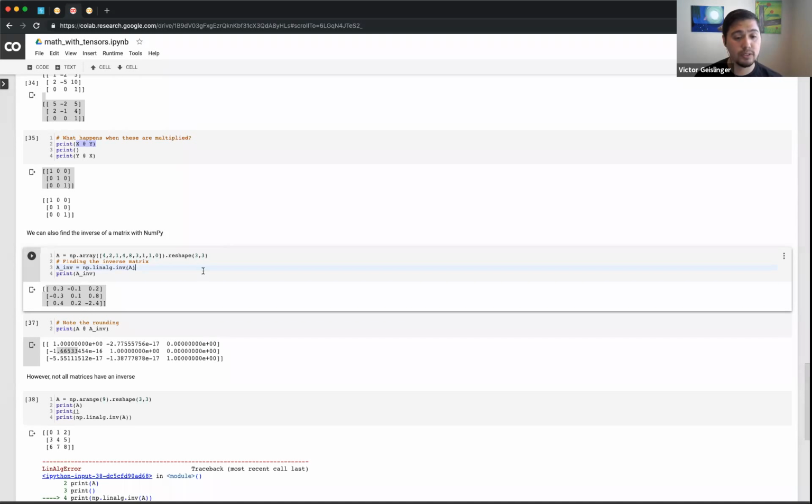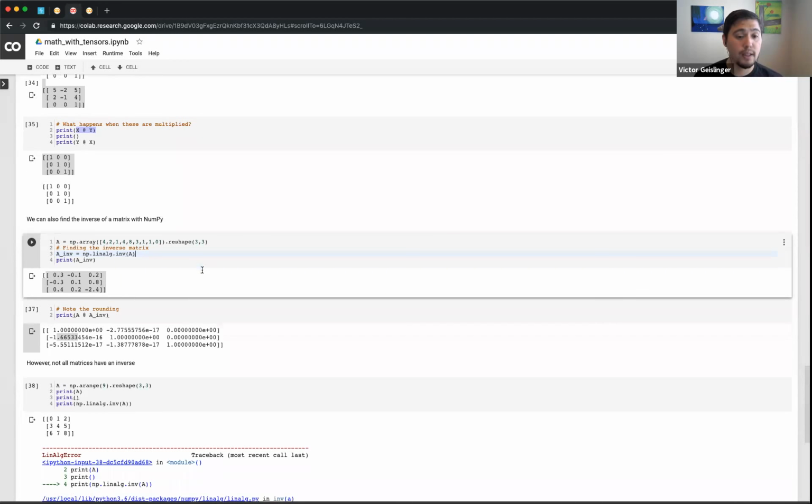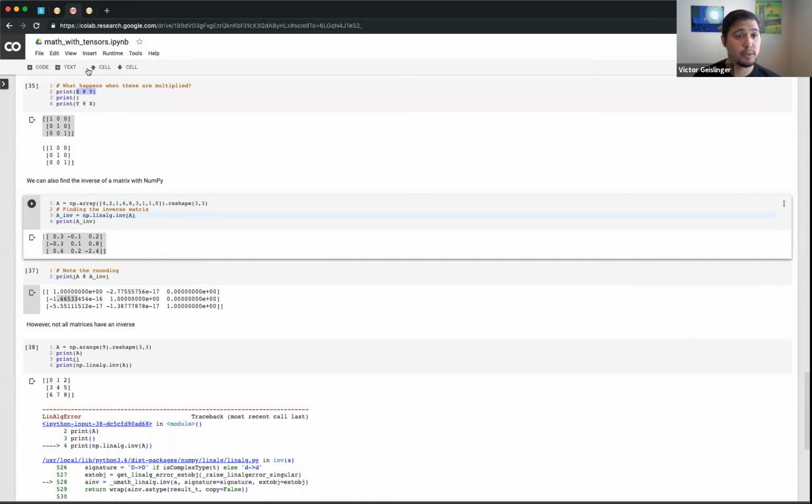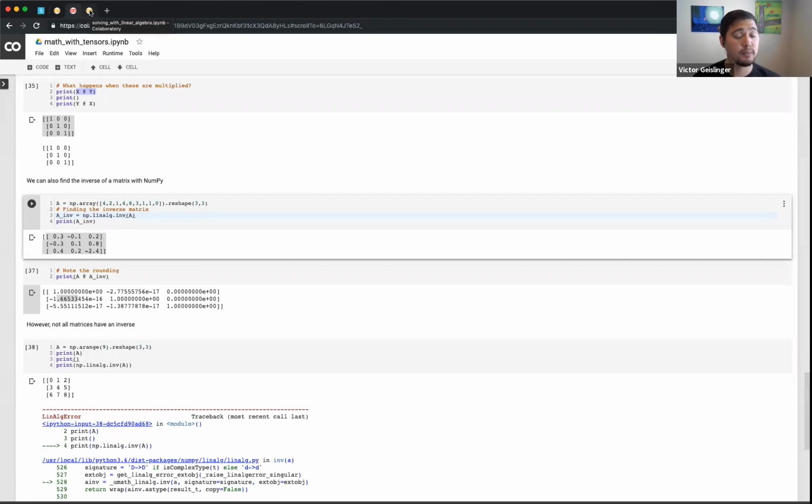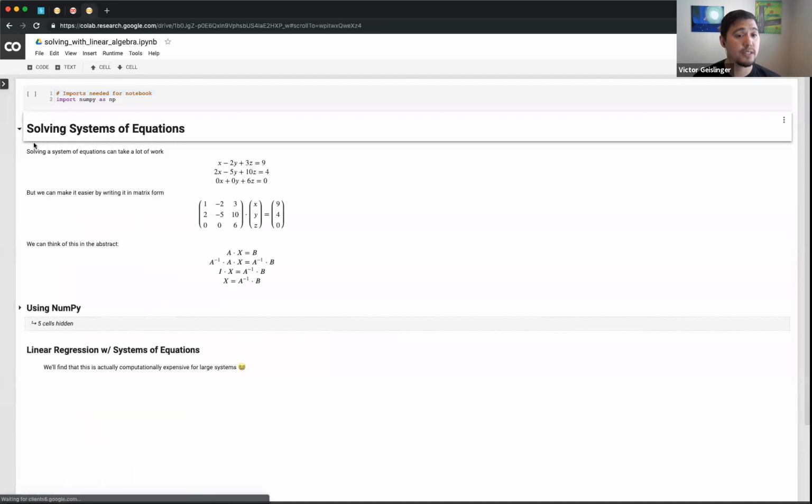They'll have great resources. But anyway, all of this, between math with tensors and our intro to linear algebra, will lead us, in section 13 of the curriculum, to how to solve systems of equations. You'll find that you can do it with linear algebra in the way we just described, by finding the inverse and essentially finding those values.